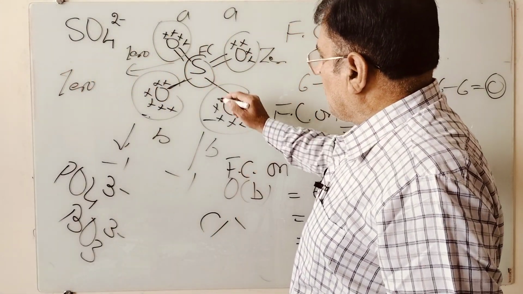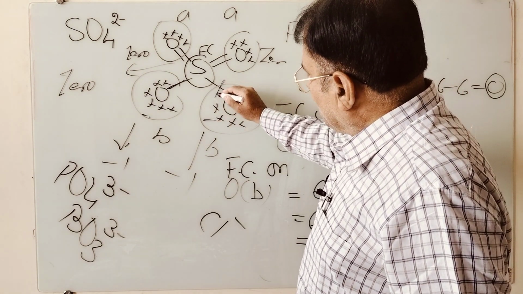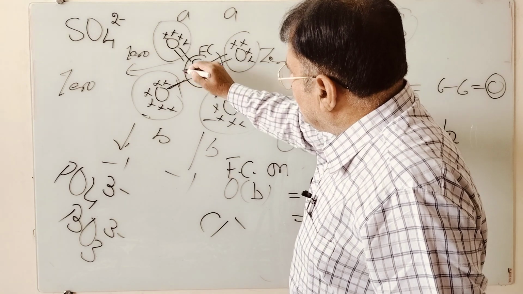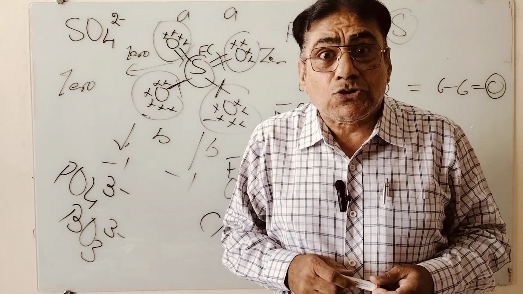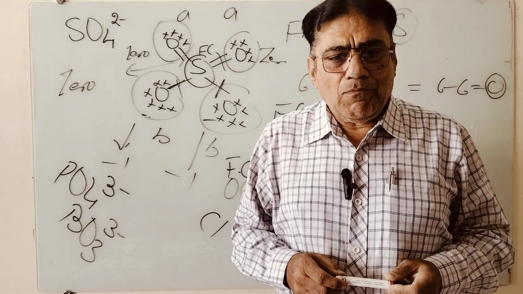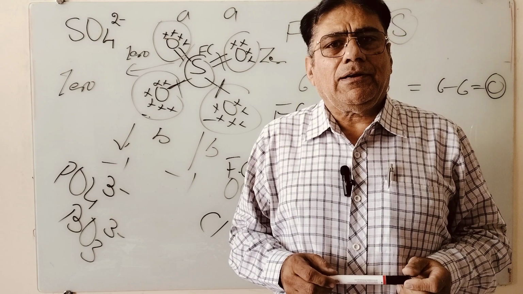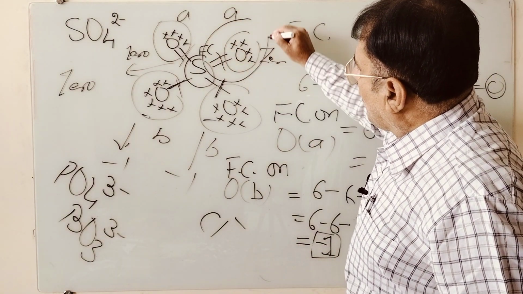Oxygen is much more electronegative than sulfur, but we are dividing the electron equally. In formal charge, we are not considering electronegativity. That is not the actual charge. That is formal charge, which is the difference between the valence electron of that element and the total number of electron of that atom.